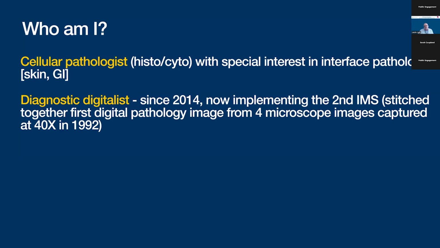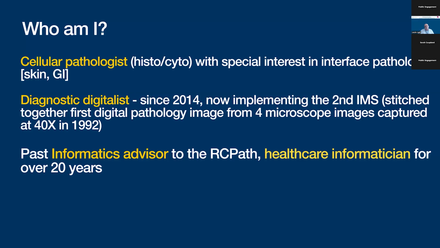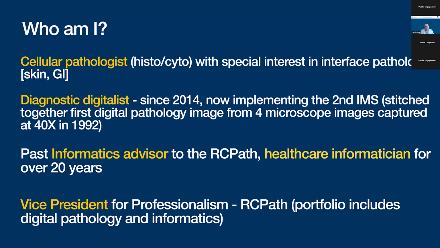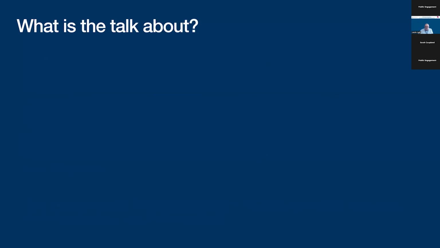My first foray into digital pathology was in 1992, putting together 4 images on a microscope, using a sort of image grabber, stitching them together and showing that high resolution image grabbing provides us with better low resolution images. I've been in various fields of healthcare informatics. Amongst them was pathologist informatics advisor for the college, and as Sarah says, now I'm the VP for professionalism.